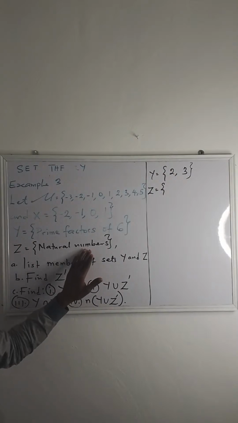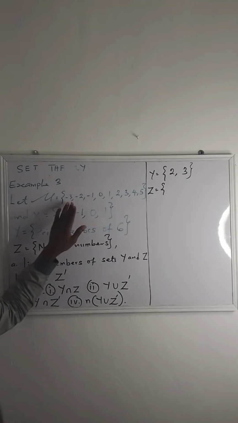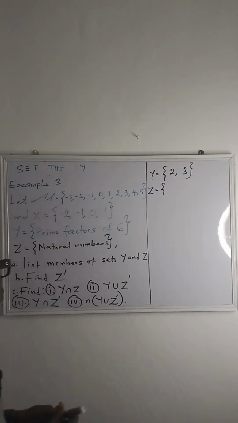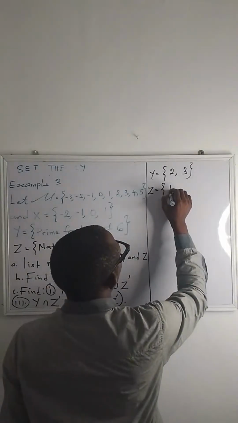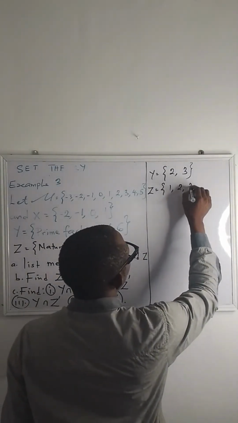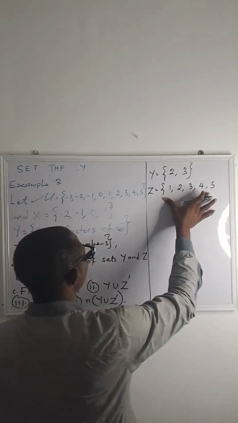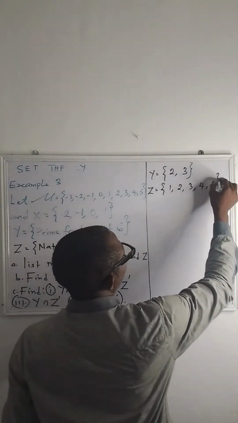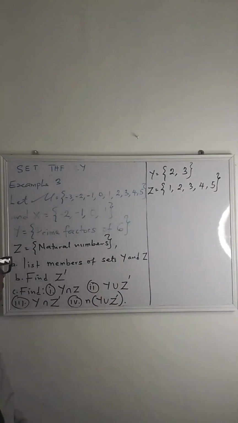Anything we are listing must be in the universal set. So you must not list anything outside the universal set. So let's begin to list natural numbers: 1, 2, 3, 4, 5. We can't go beyond this. All right, so these are members of set Z.